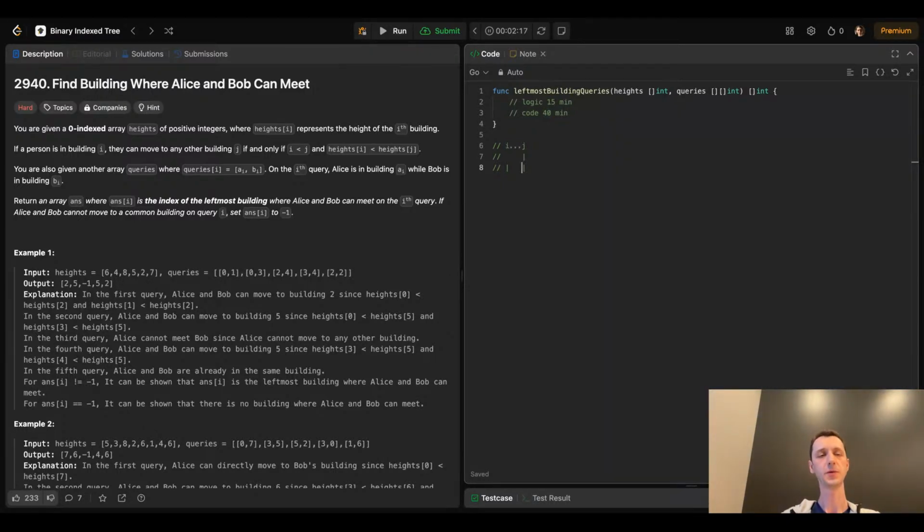Interesting. You are also given another array, queries, where queries[i] is an array with a and b. On the ith query, Alice is in building a, and Bob is in building b. Okay.